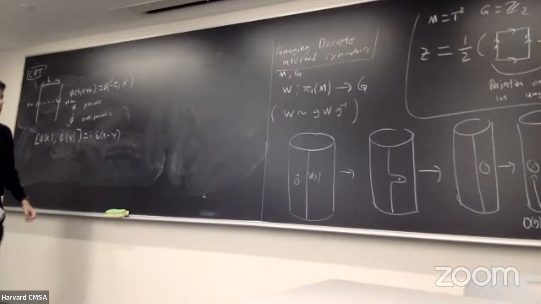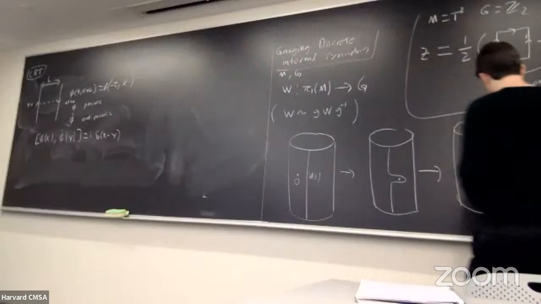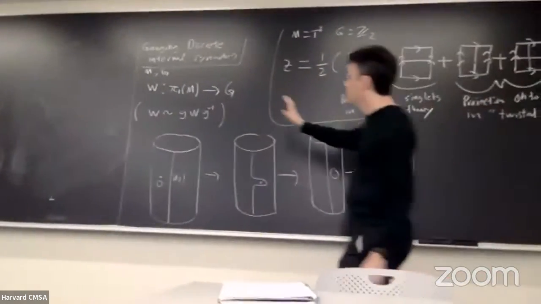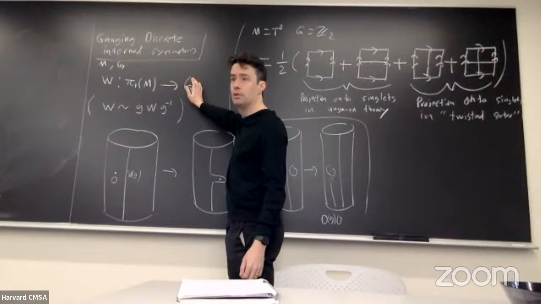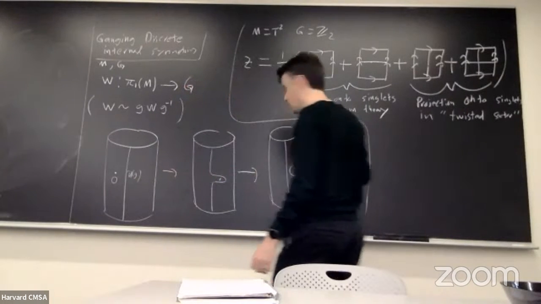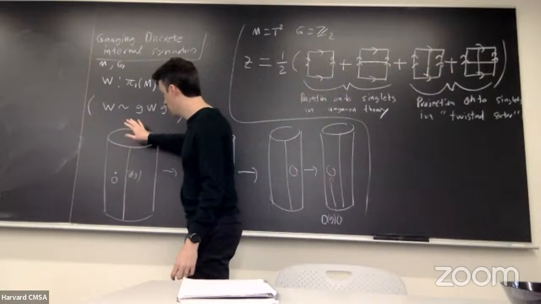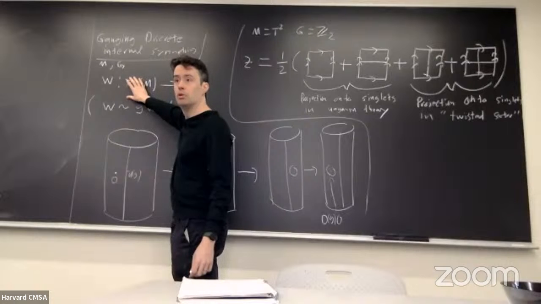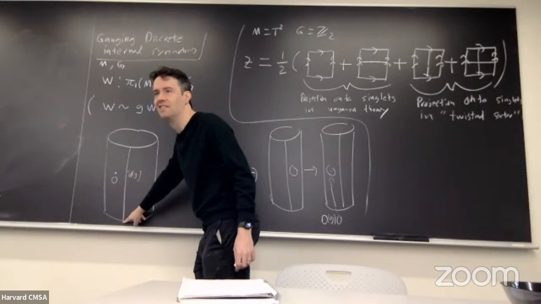Now, actually, I want to emphasize something over here before I go back to that. I gave you a definition of what I mean by a background gauge field. But if you look at what I did here, the correlators in this background actually depend on more than just W, because they depend on the location of this brane.